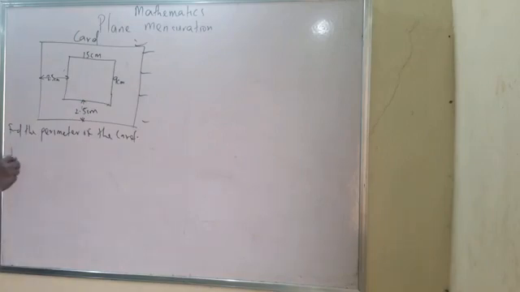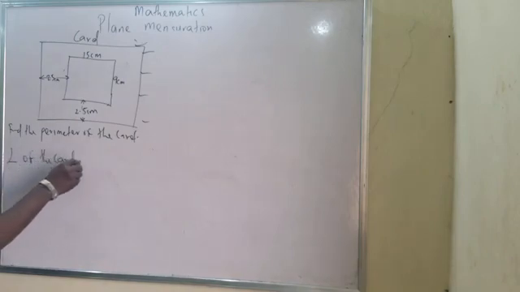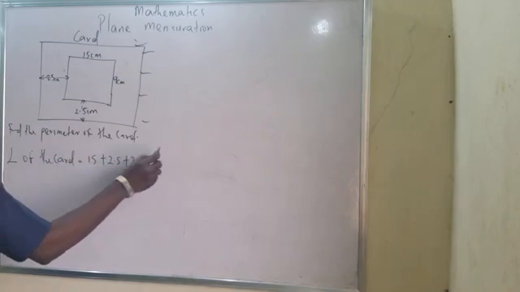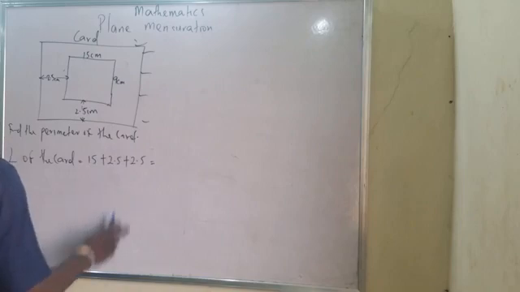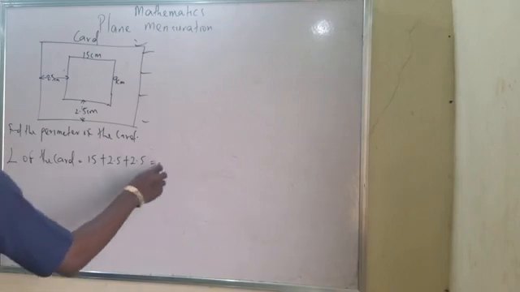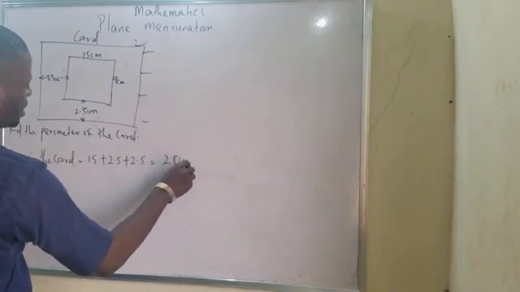It means my length of the card will be equals to 15 plus 2.5 plus 2.5, which will be 5, which is going to be 20 centimeter.